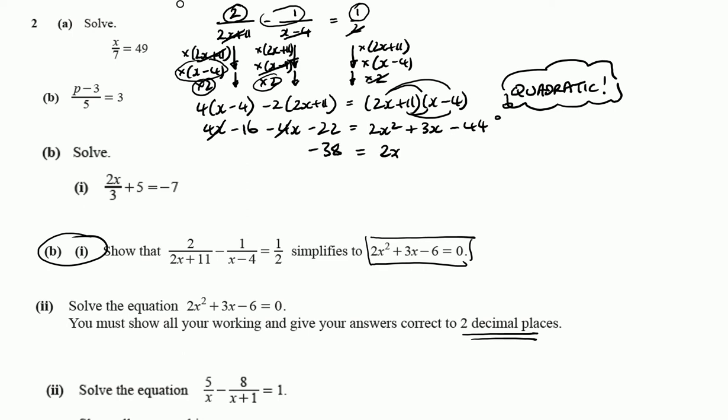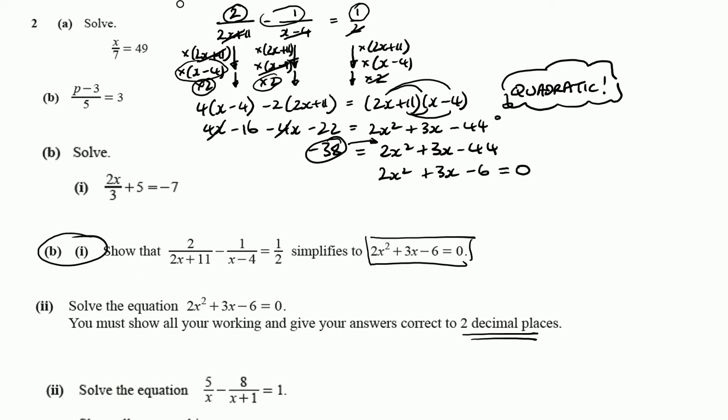This is equal to 2x squared plus 3x minus 44. And I want to put my numbers together on the same side as everything else, so I'm going to cart the minus 38 over this way where it becomes a plus 38. That's 2x squared plus 3x, and minus 44 plus 38 is minus 6. That's going to equal 0.